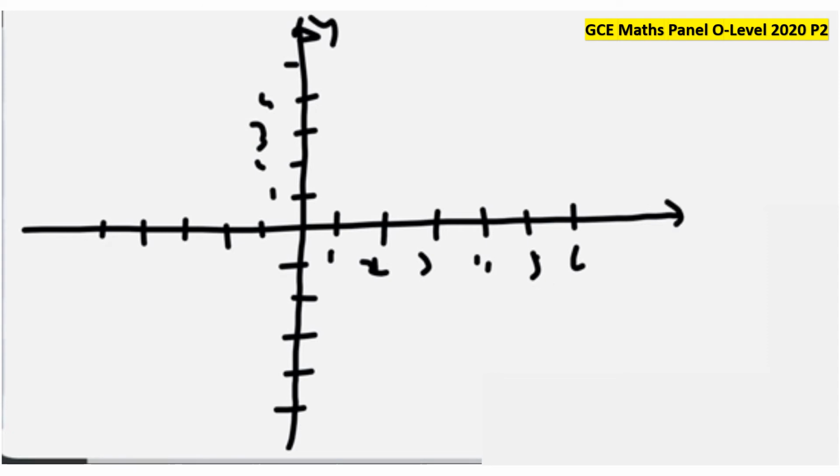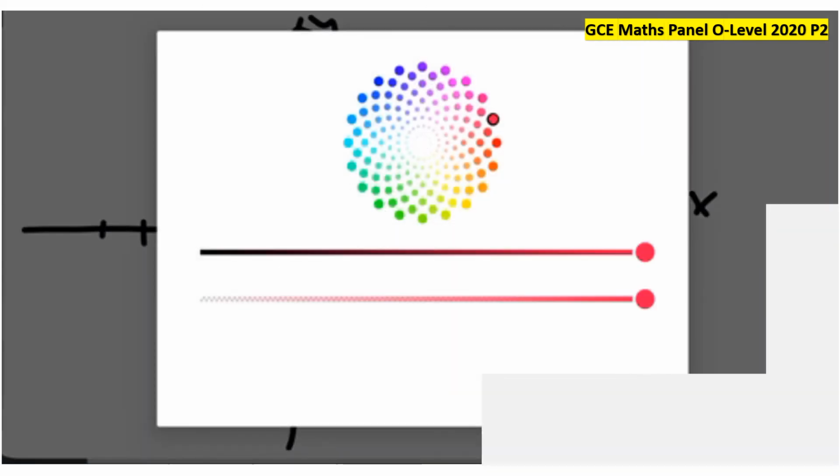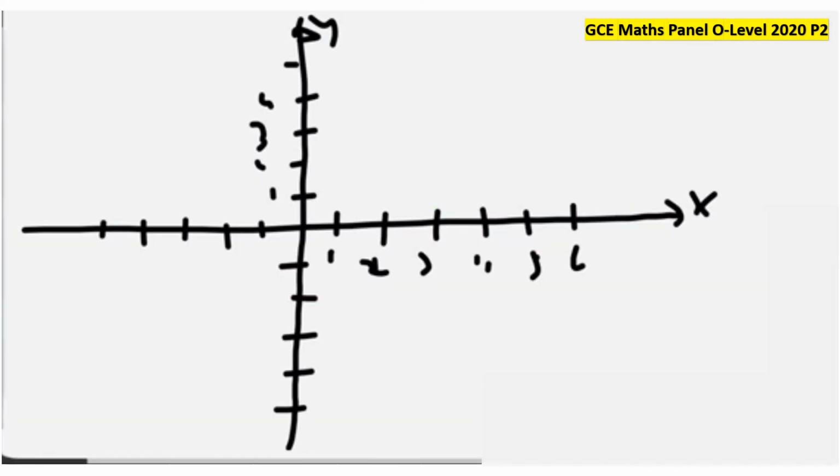This is y and this is my x. Now let me sketch what has been given. The points A is (1,4), B is (1,1), C is (3,1). So this is the point A here. Then B is (1,1), this is the point B here. And C is (3,1), this is the point C.